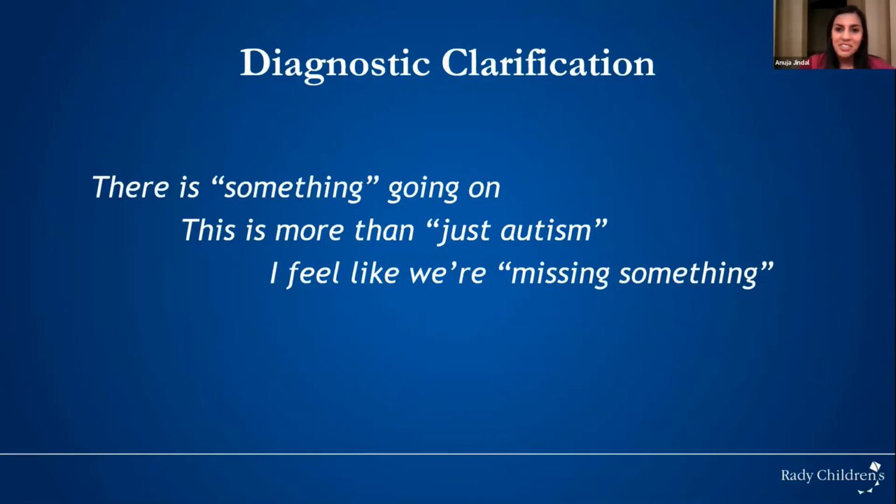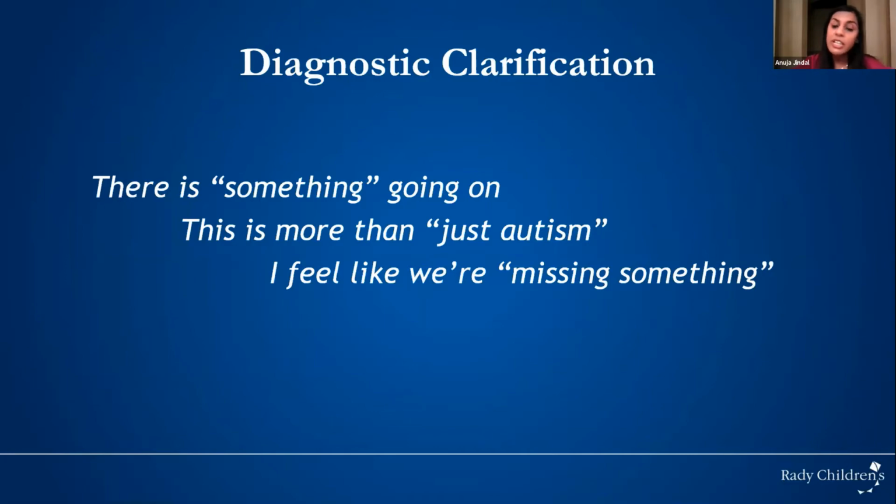So for diagnostic clarification, there's a range. Sometimes it may be that autism is suspected as a diagnosis, and we need to see if we're on the right track, if that is clinically justified based on DSM-5 criteria.